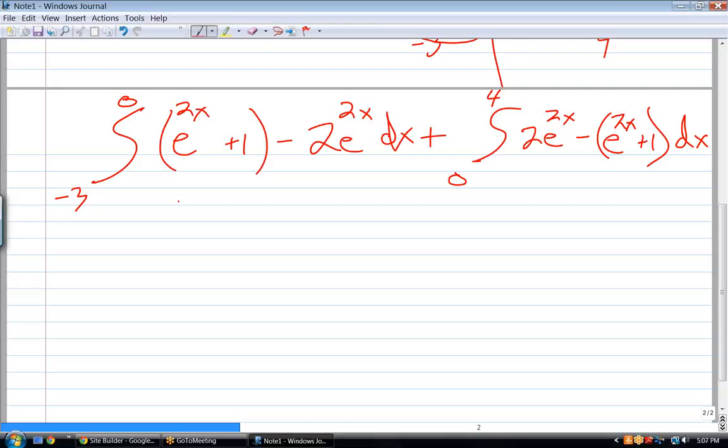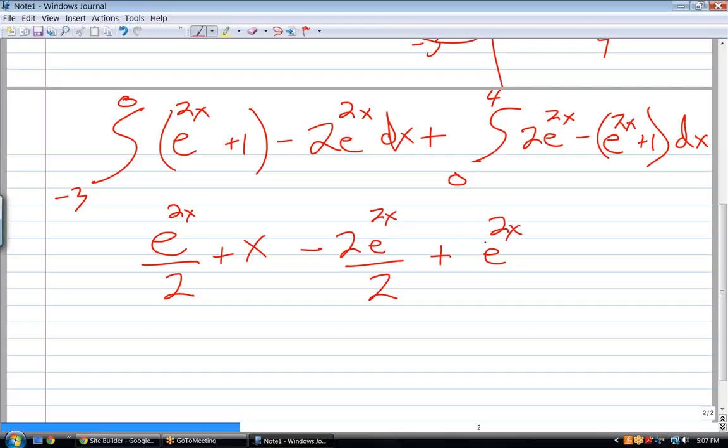So let's see, the integral of that is e to the 2x divided by 2 plus x minus 2e to the 2x divided by 2 plus e to the 2x divided by 2. Let's make sure we do this.